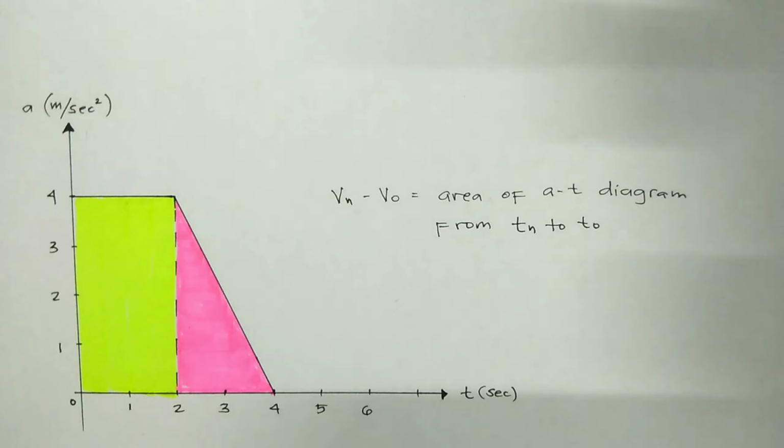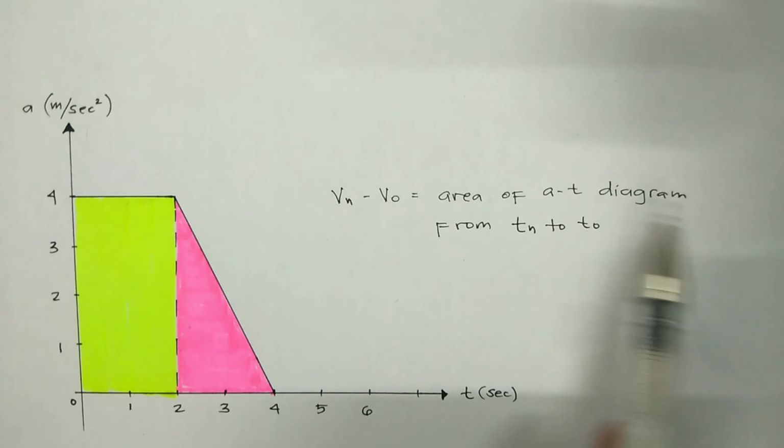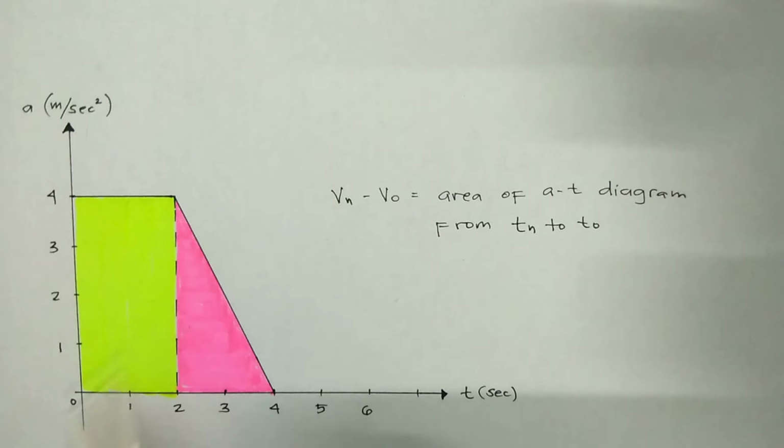We are asked for the velocity time diagram and the position time diagram of the motion. From our previous discussion, we have determined that the area of the AT diagram from T0 to Tn is equal to the change in velocity of the object.